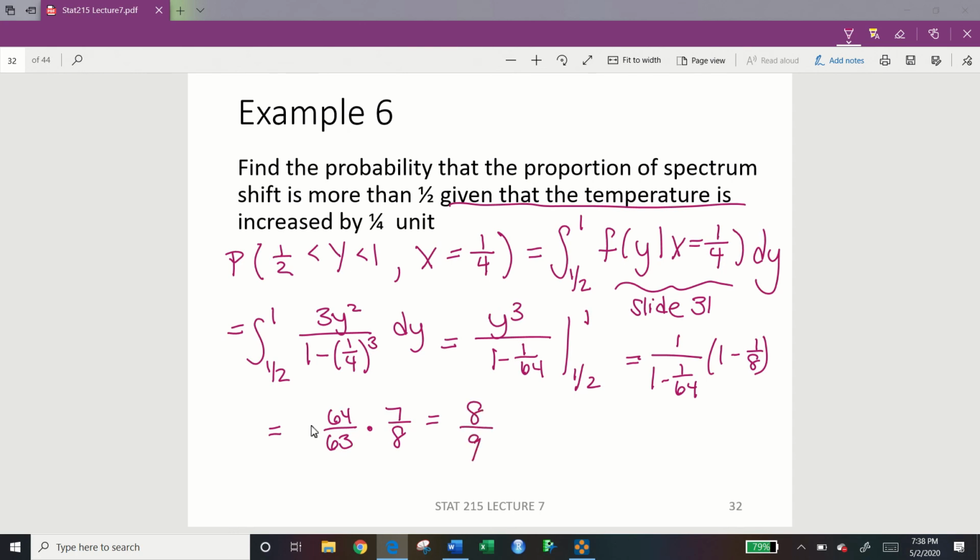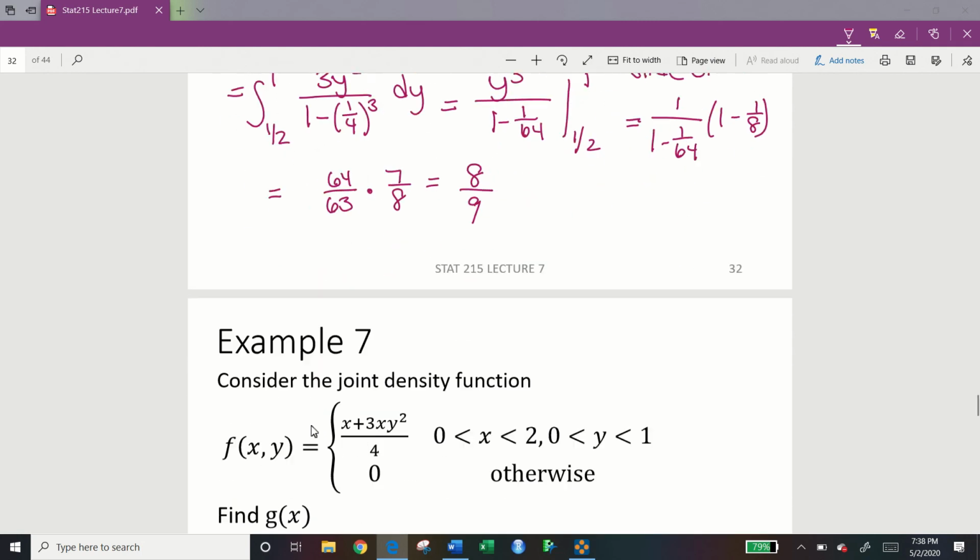So the answer to our question, to find the probability that the proportion of spectrum shift is more than 1/2 given that the temperature is increased by 1/4 of a unit, is 8/9. Wow, that was quite a bit of work. Let's keep going and look at another example.